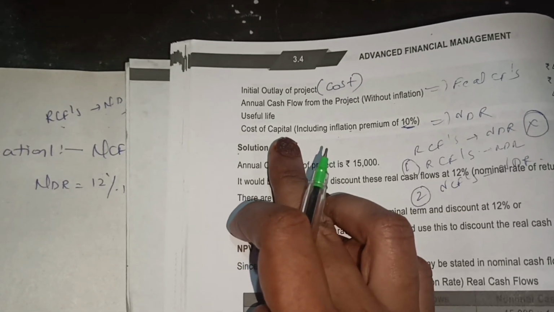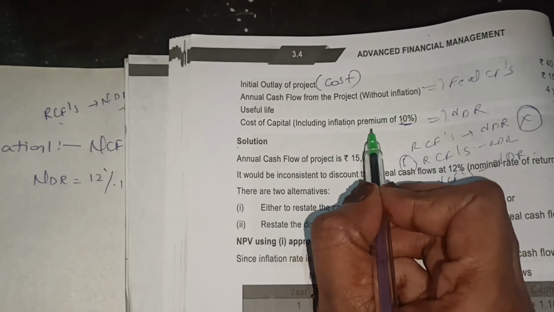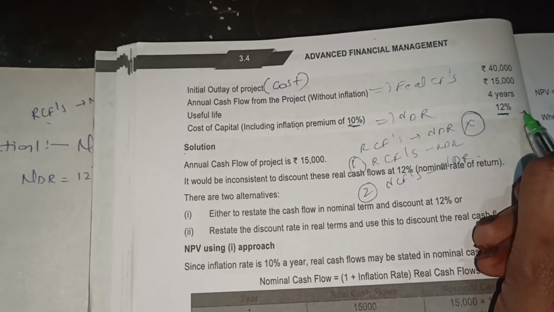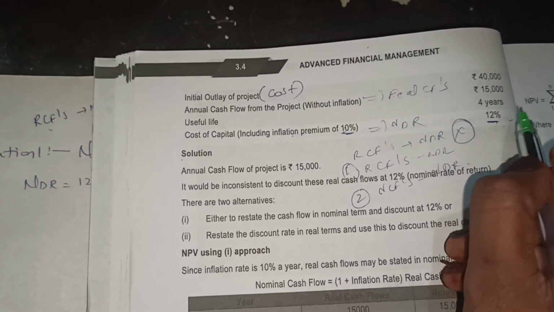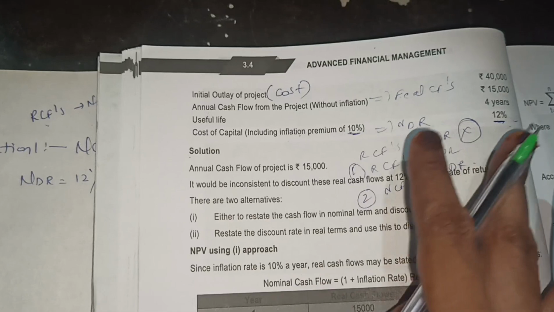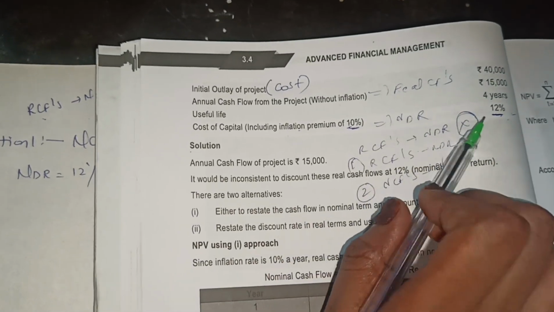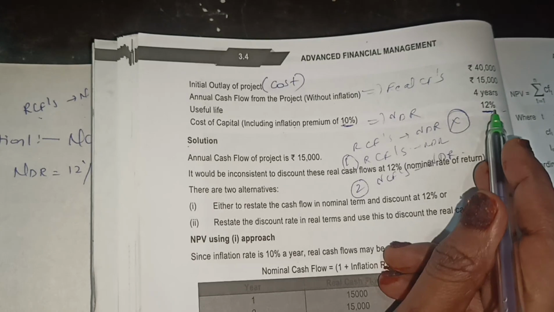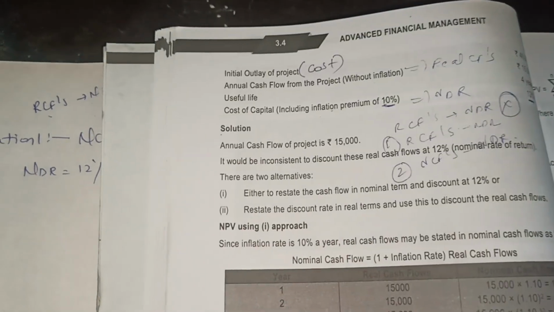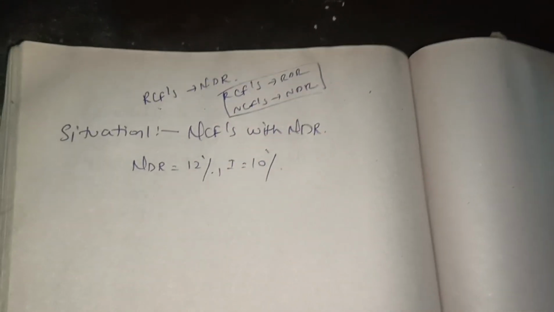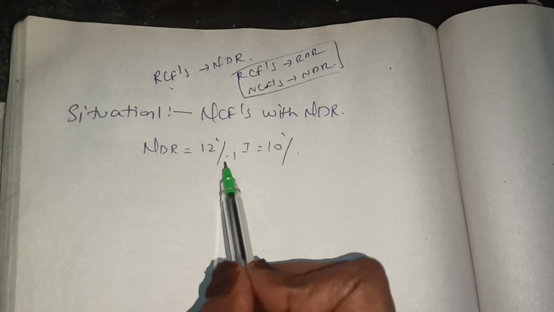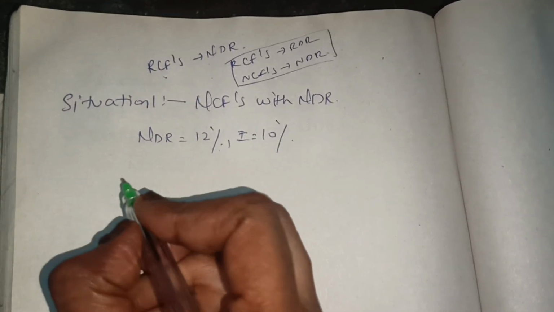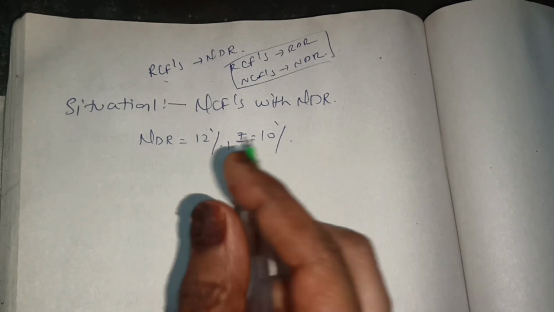Cost of capital is nothing but discounting rate, including inflation premium of 10%, and the cost of capital is 12%. Please don't get confused between 10% and 12%. 10% is inflation and 12% is discounting rate. So here I am writing nominal discounting rate as 12% and inflation as 10%. We got nominal discounting rate.